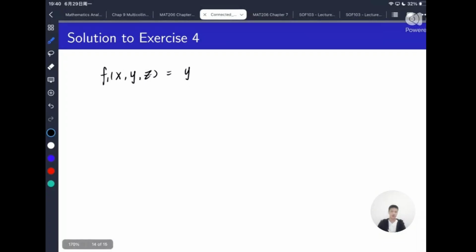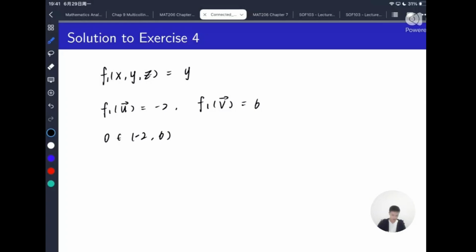So we find the image of the 2 vectors. IVT says that the image should be an interval, and obviously 0 is in that interval. So there exists a point whose image equals 0. So it's y equals 0.